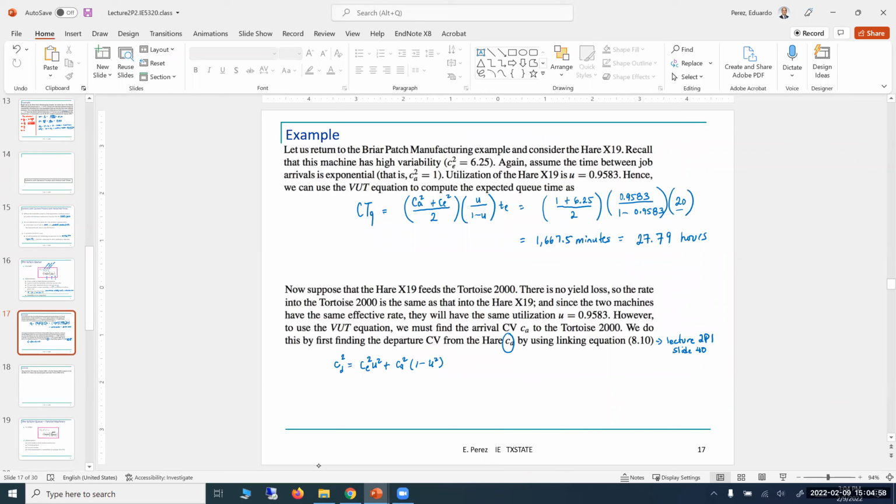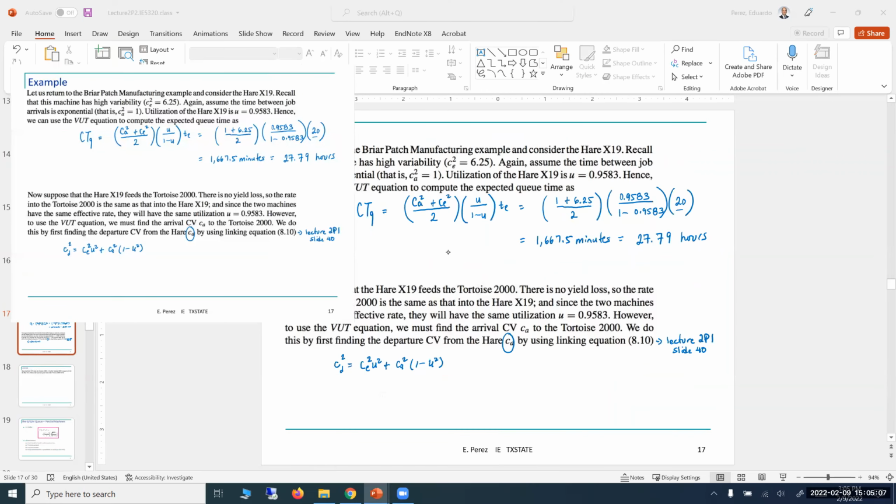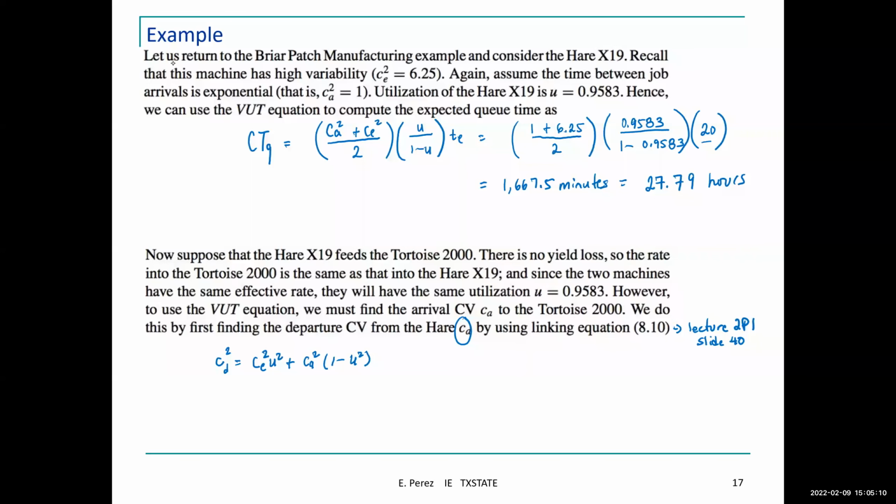So let's go back here. Using this information, we have CE square is 6.25 times the utilization square, 0.9583 square, plus 1.0 times 1 minus 0.9583 square.